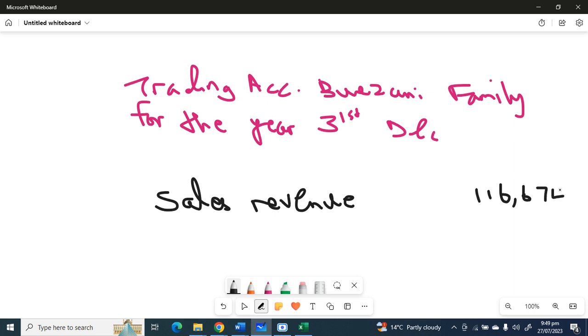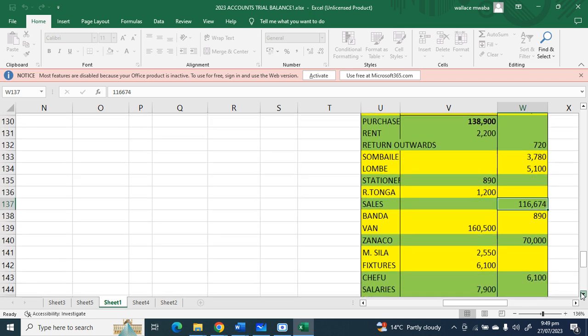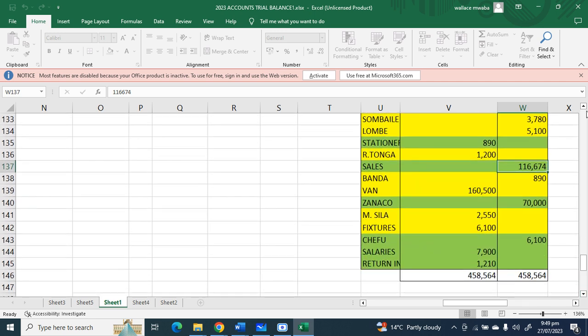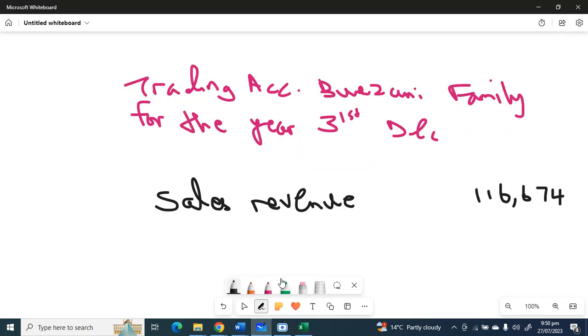What is the next item that we need to put here after sales? Return inwards. Yes, this is the goods that were brought back to you.